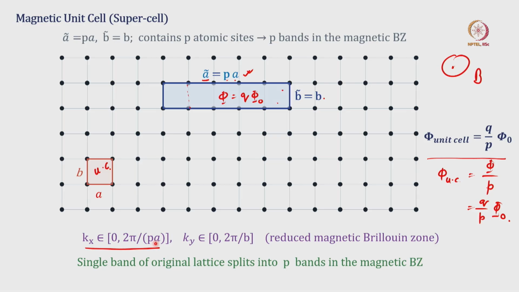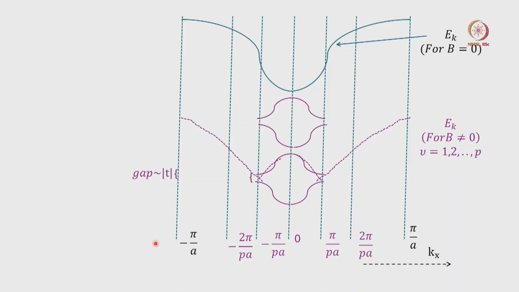So, I started with a band, or folded band, and now I am folding it with a smaller size. This is how it will be. I started with some band which was from minus pi by a to pi by a, and now this is my new Brillouin zone. So, what will happen is that these things will now fold back.